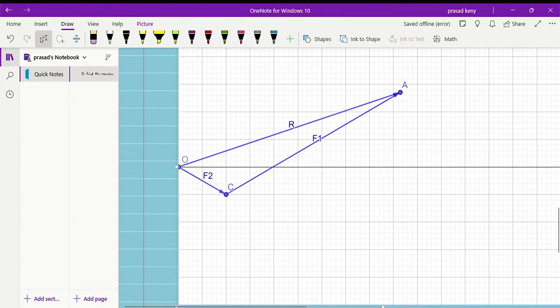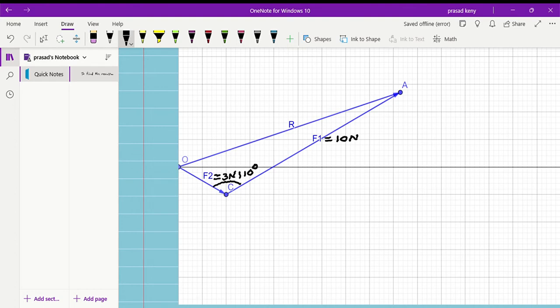So as you can see here, F2 is a force of 3 Newton, F1 is a force of 10 Newton, and the angle here is 110 degrees. So now I have completed the triangle.